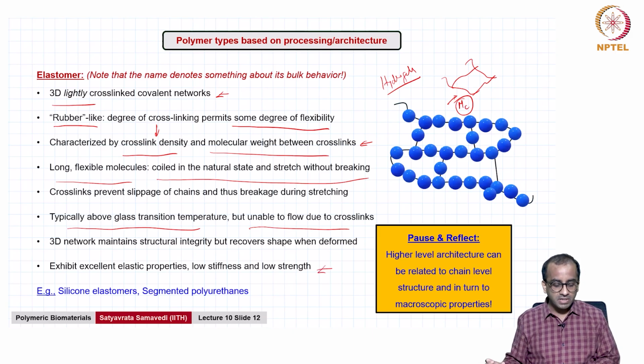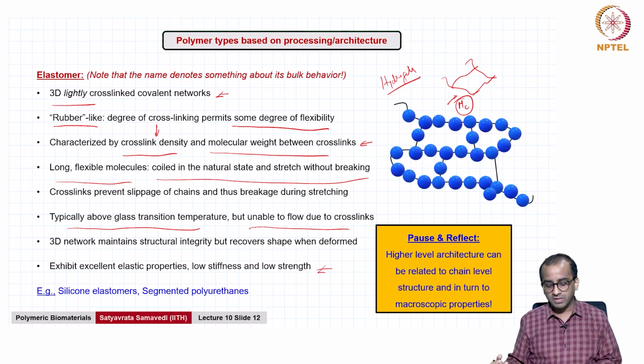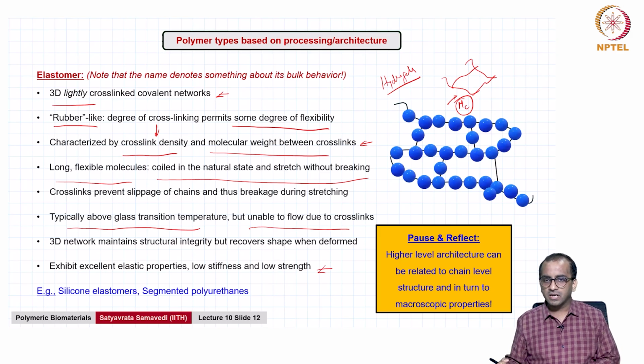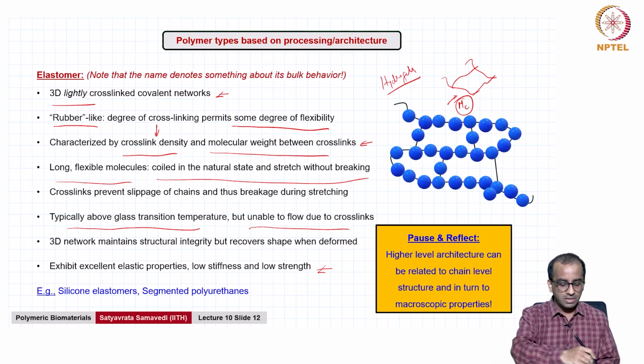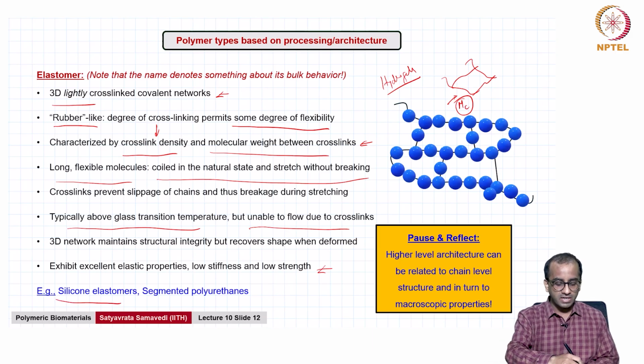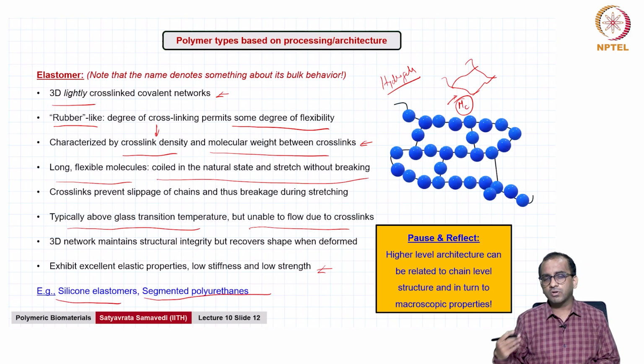They definitely exhibit excellent elastic properties, low stiffness and low strength, and typically are used in applications that demand a lot of elasticity. For example, silicone elastomers and segmented polyurethanes. Silicone elastomers, PDMS is one example we saw earlier of polymers used in aesthetic reconstruction, and you can now imagine why elastomers are used for that application.